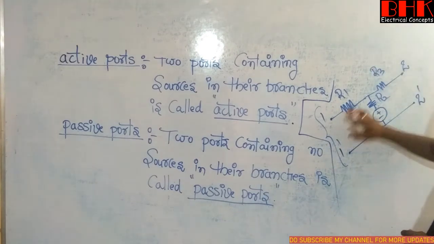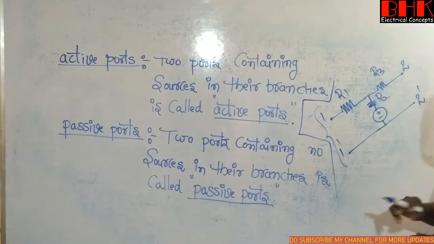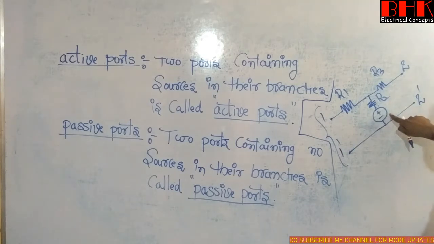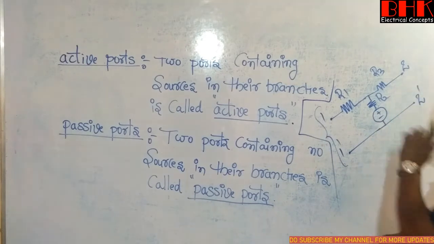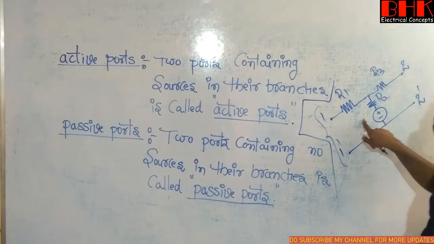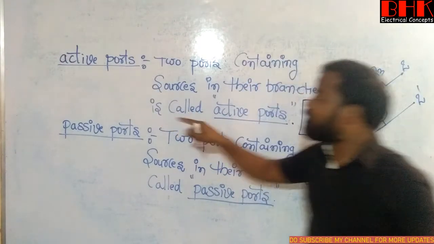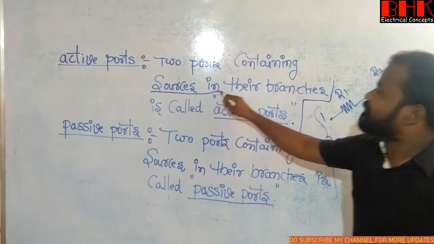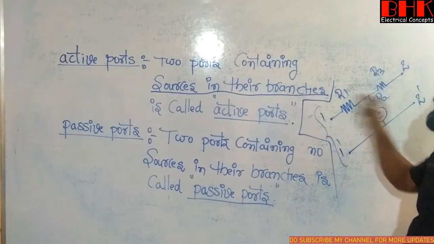So we have R1, R2, R3, but in the branch of R2 we have one voltage source, connected in series with R2. It means in this network some voltage source is present in a branch of the circuit. So this particular type of network comes under active ports, because in active ports a source is present in the branch.